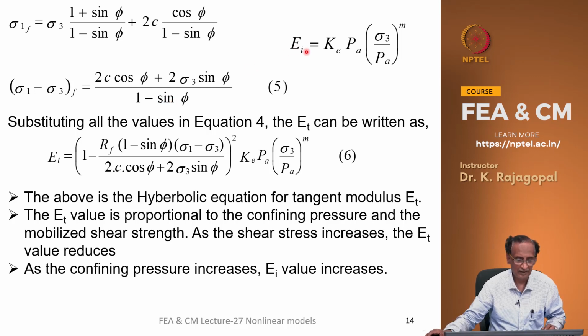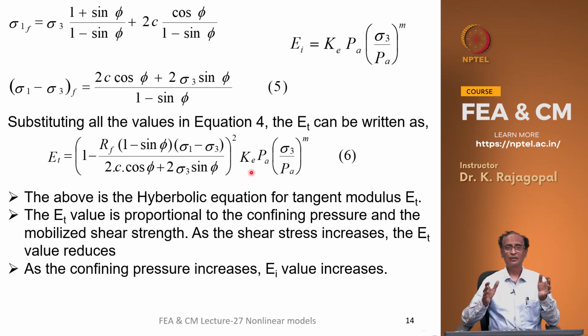Our initial modulus EI is Ke times Pa times (sigma 3 by Pa) to the power m. By substituting our equation for sigma 1 minus sigma 3 at failure and RF, we get the tangent Young's modulus as 1 minus RF (1 minus sin phi)(sigma 1 minus sigma 3) by (2C cosine phi plus 2 sigma 3 sin phi), this whole square, multiplied by Ke Pa times (sigma 3 by Pa) to the power m.